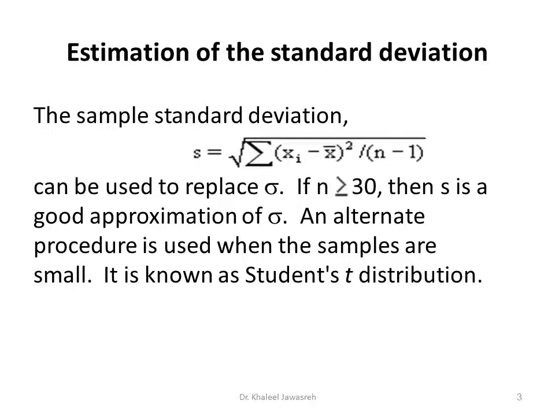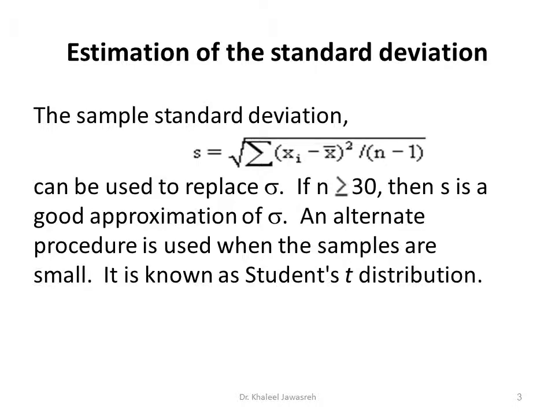We calculate the standard deviation by taking the square root of the variance. If the number of samples is greater than or equal to 30, we can replace sigma with S. This is the main condition, and this is called the student t-test.